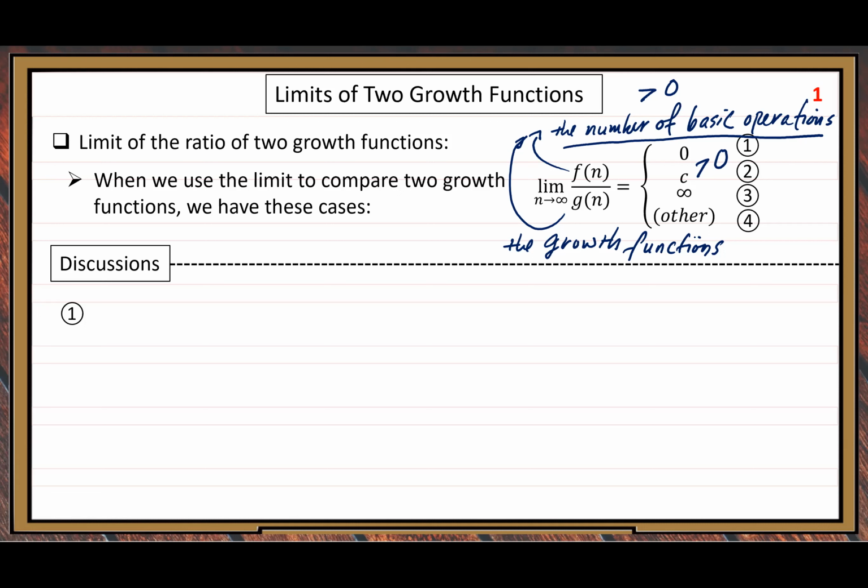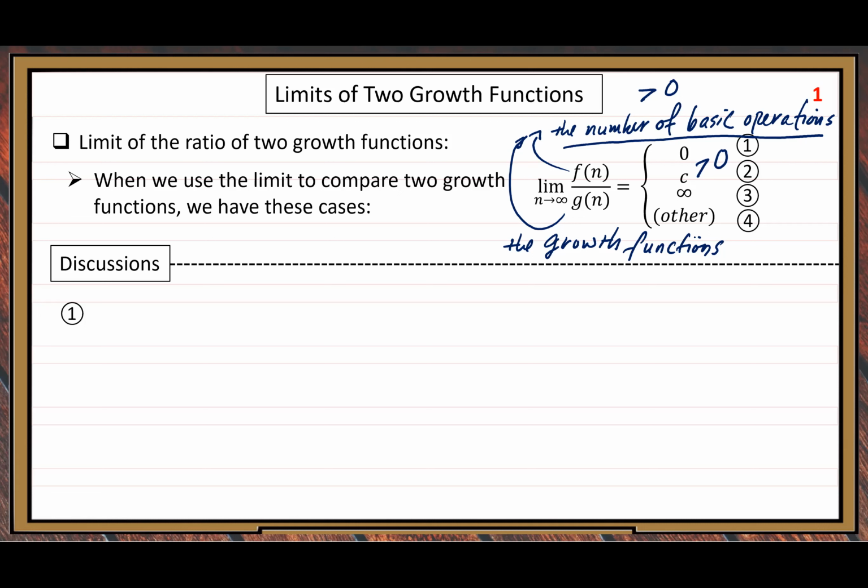All right. So then from the ratio, we want to compare which function grows faster, right? So based on the limit results, we want to see the comparison results. The comparison results should tell us which function grows faster. So we need to give a conclusion.